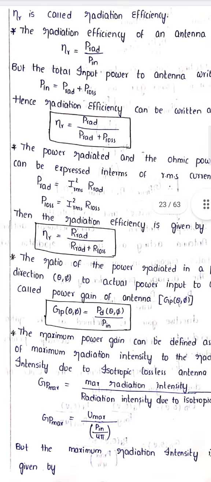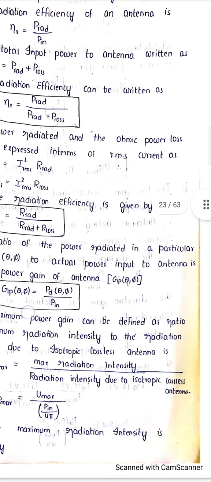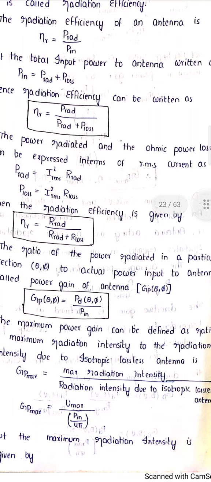What is the power gain of the antenna? The power gain of an antenna is defined as the ratio of the power radiated in a particular direction to the actual power input to the antenna. I repeat again. The power gain is defined as the power radiated in a particular direction to the actual power input to the antenna.